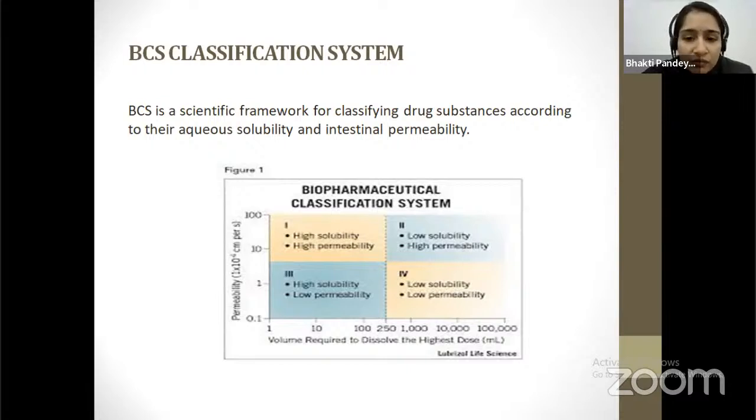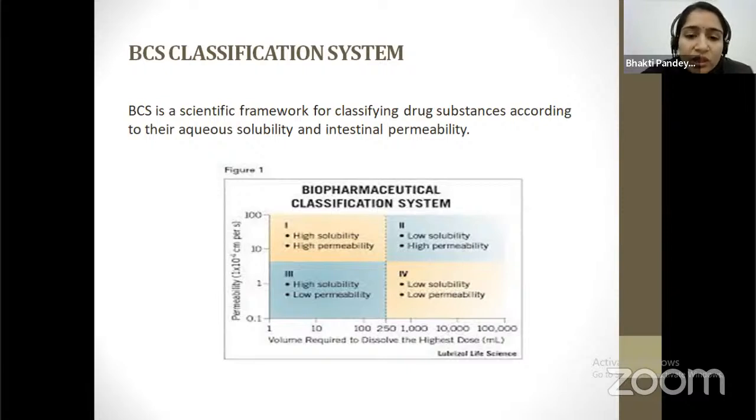So we have four classes, which give us the idea about the drugs which can be soluble fast and which cannot, or which can be permeable easily and which cannot. First of all, highly soluble and highly permeable means both criteria for solubility and for absorption are cleared.